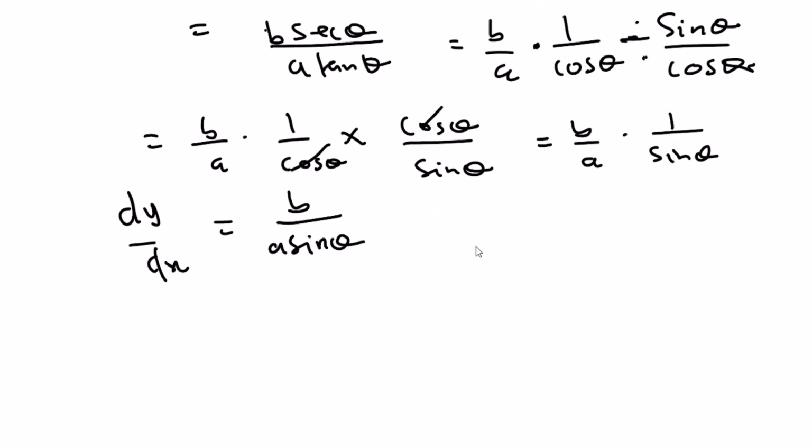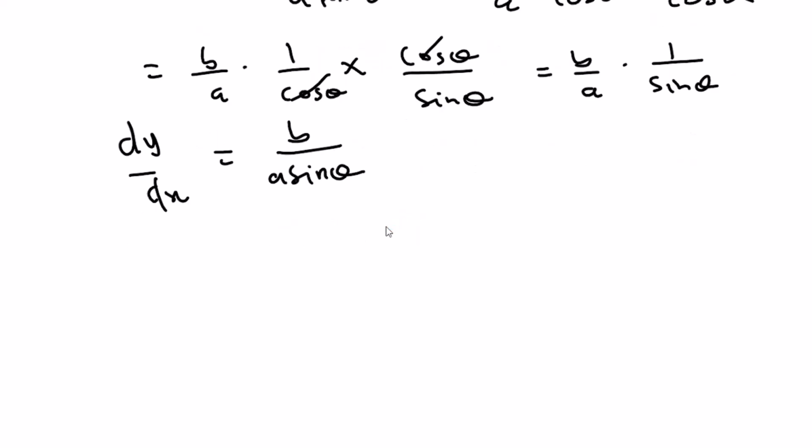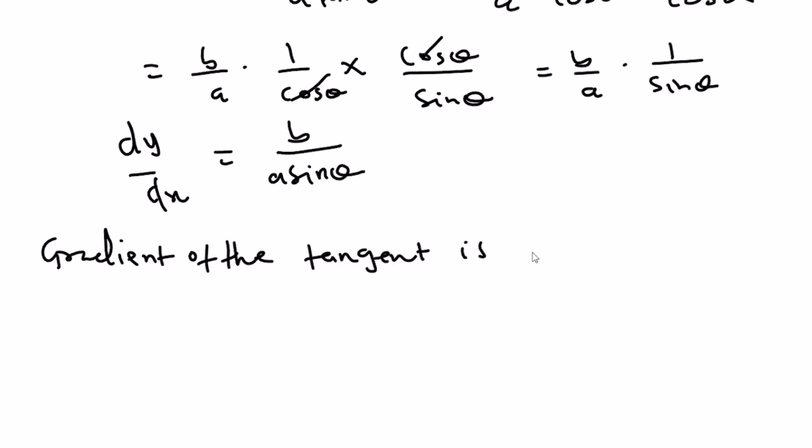Now, so the gradient of the tangent is b on a sine theta.